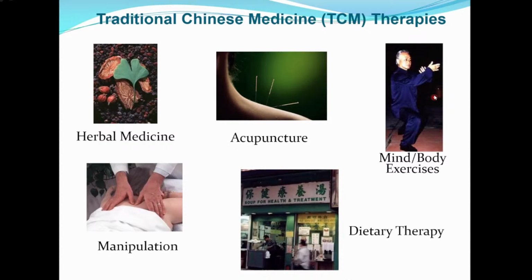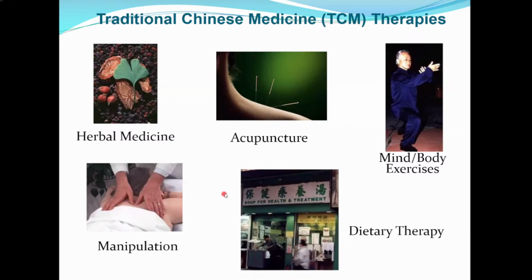These books also discussed the treatment modalities of Chinese medicine, at least 5 different modalities. Acupuncture has become very, very popular in the United States and the West, and herbal medicine is still very popular in Asian countries like China, Korea, and Japan, where they use lots of herbal medicine. Other treatments like Asian bodywork, Tuina, for example manipulation, are also very popular. These 3 are mainly provided by providers to give treatment to patients.